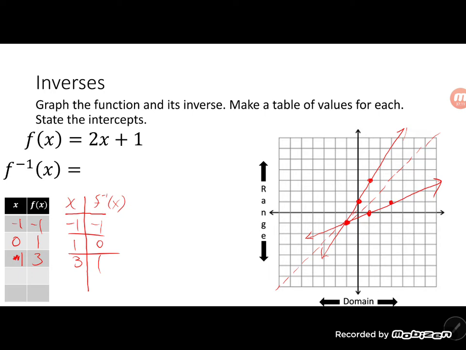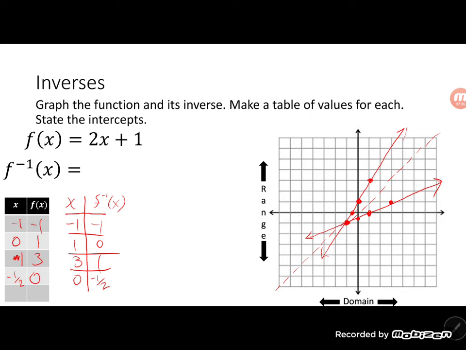You're going to see that -1/2 would be your x-intercept, which then means that 0, -1/2 would be your y-intercept on your inverse. And notice that's good because it does approximate right about there on our graph. That model is lining up, everything's looking good.